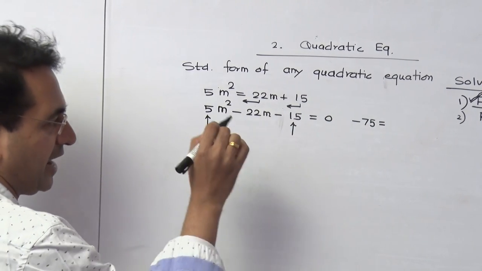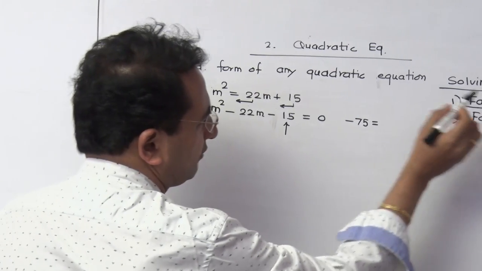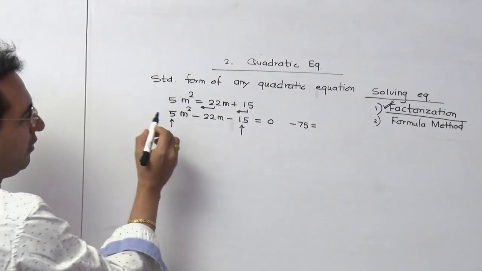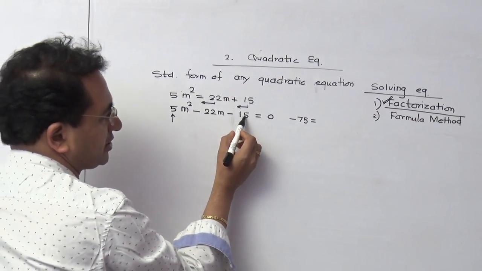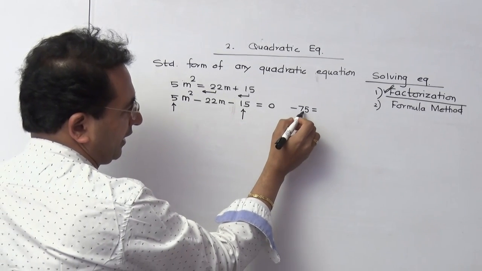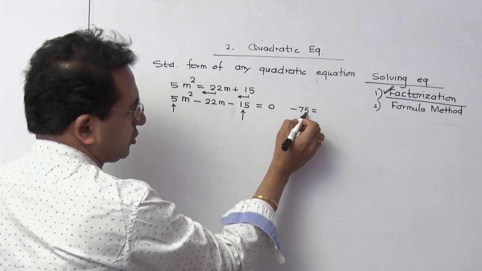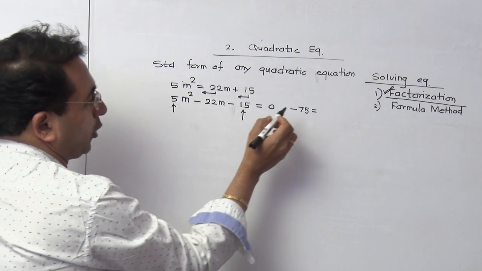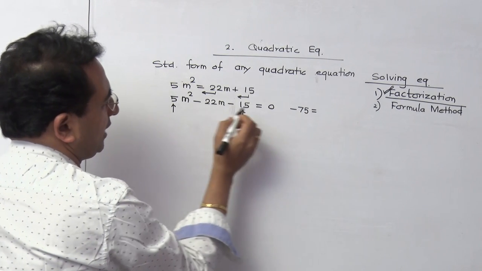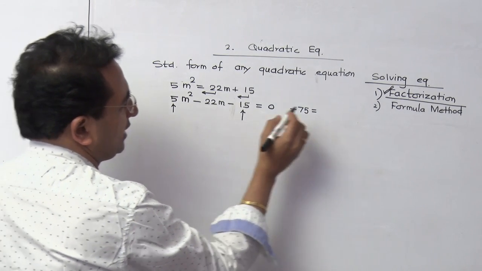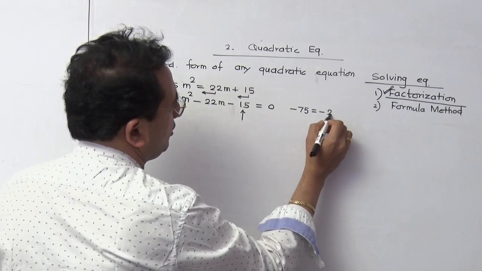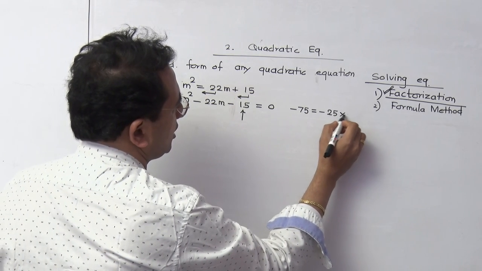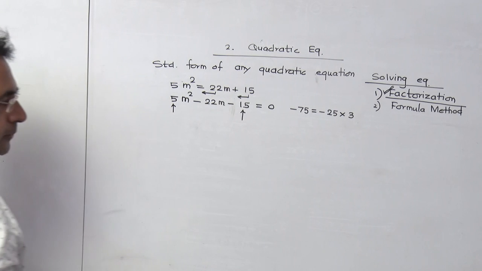We have to factorize. That's why we call it the factorization method. We have to factorize this minus 75 in such a way that the product will be minus 75, but the addition is minus 22, and that is possible with these numbers: minus 25 and 3.